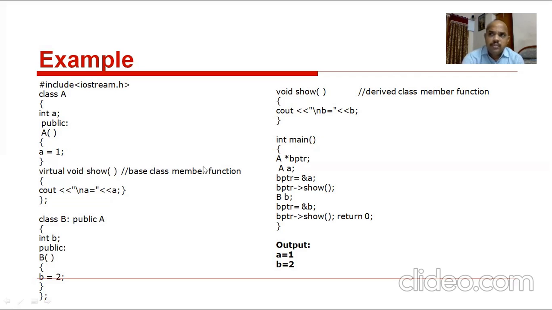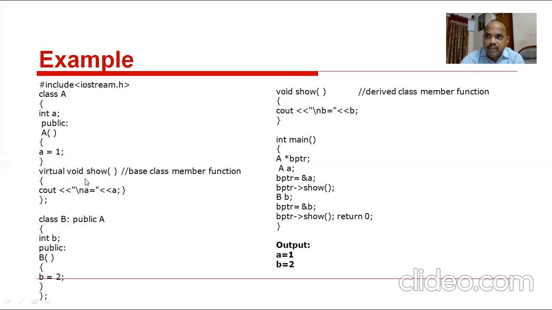Both base and derived classes. The function in base class is declared as virtual using virtual keyword. This is virtual keyword in the base class member function. So declared as virtual, keyword preceded its normal declaration. Clear? This is the normal declaration. This is preceded by virtual keyword. Clear all of you?